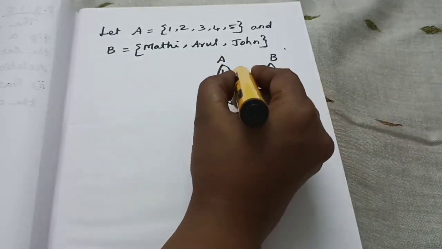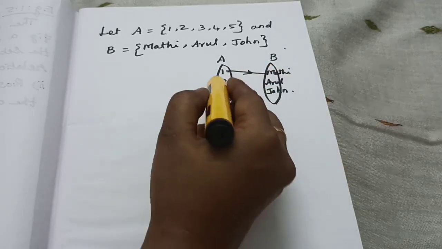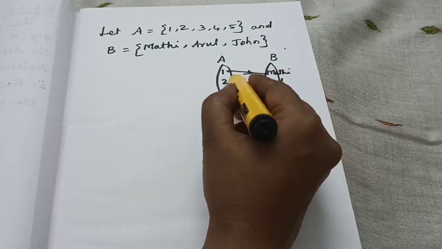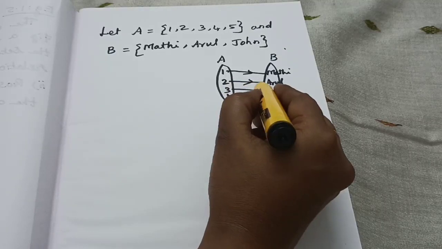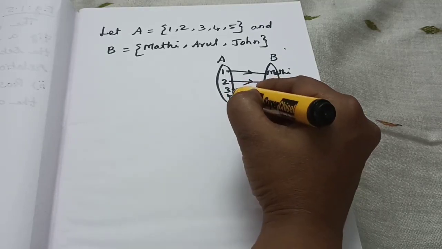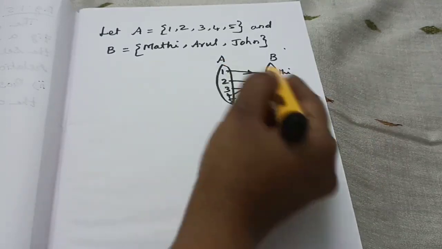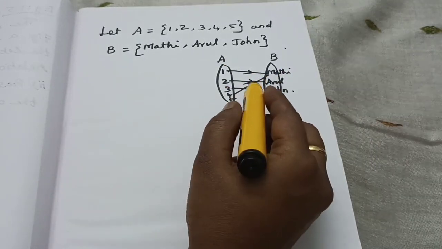Now I am taking one relation: 1 and Madhi, 2 and Arul, then 3 John, 4 again Madhi I am taking. Have you understood? This is the relation. Okay, here one relation is given.